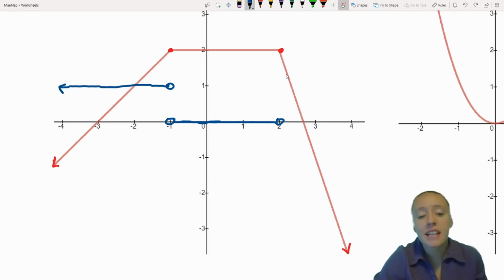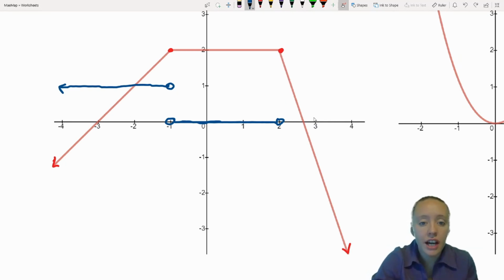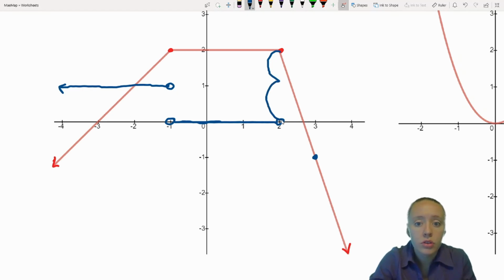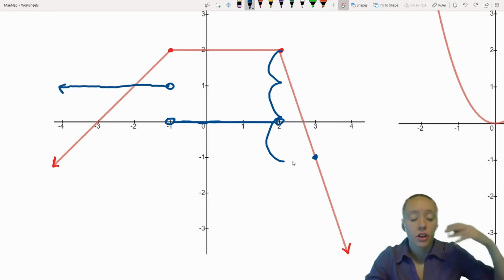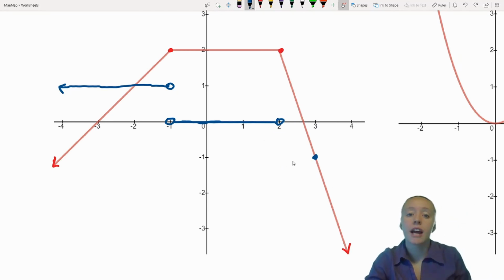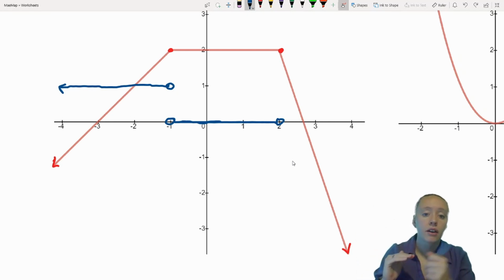I'll try to find my next point where it intersects grid lines, and that looks to be at approximately 3, -1. So you can see that if I go down 1, 2, 3 in the rise, I go over 1 in the run. Change in y over change in x, going down 3 over +1, -3 over 1, is going to give me a slope of -3.